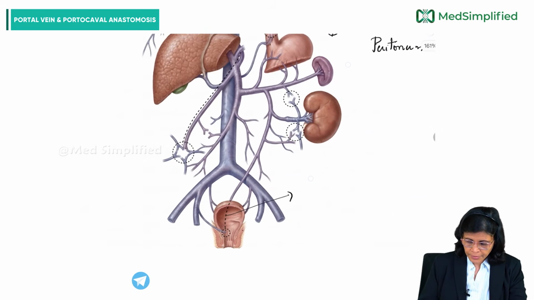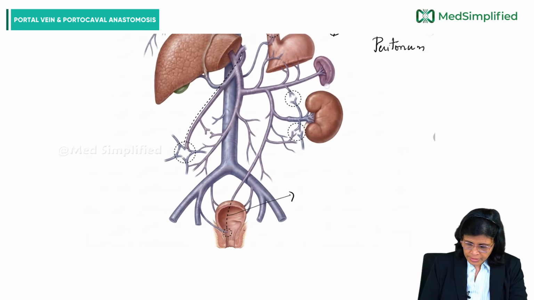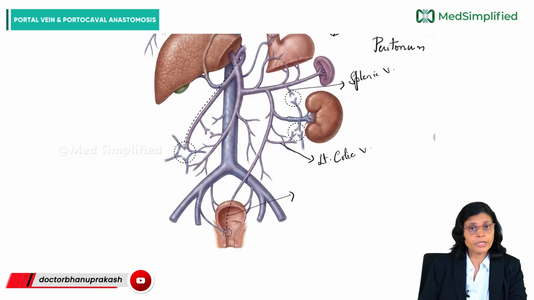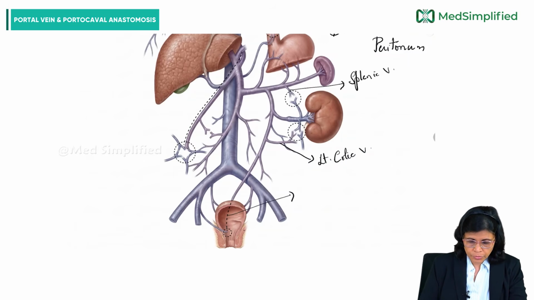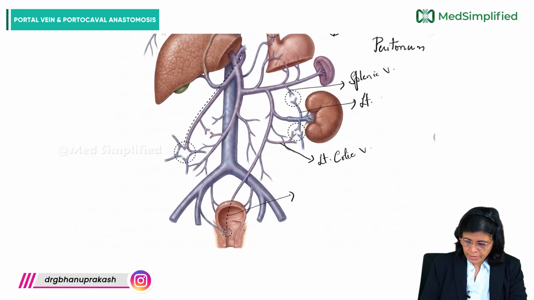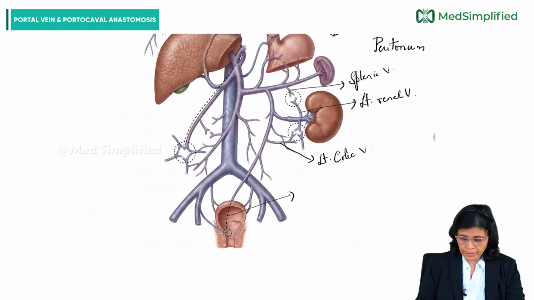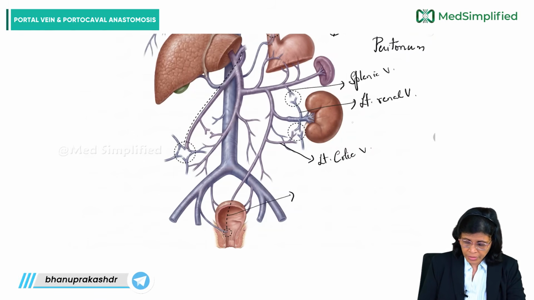So here, this is the splenic vein, and this is the left colic vein, which belong to the portal system, and they anastomose. Here you can see they communicate with the left renal vein, the radicals of the left renal vein, and other tributaries of the inferior vena cava, by a number of small veins, and these veins we call the veins of Retzius.